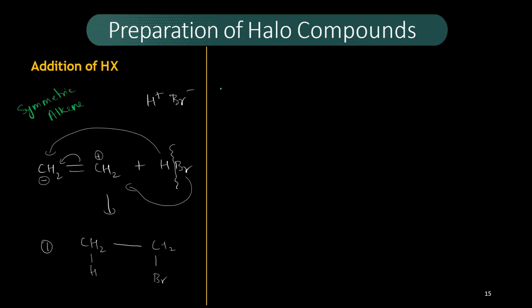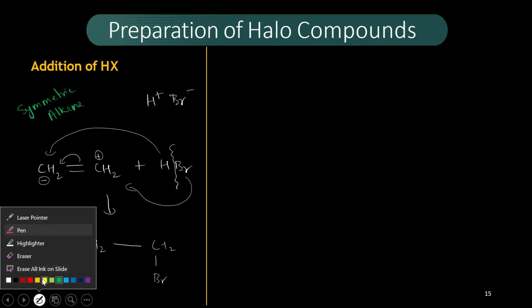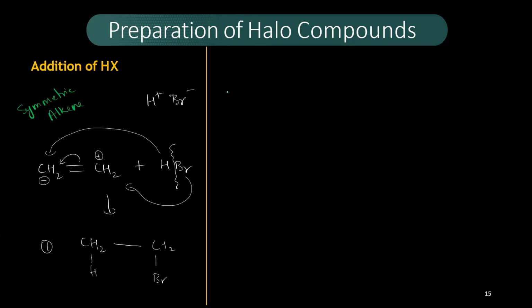Okay. So let's see the addition of HBr on an unsymmetric alkene. What happens here? The CH3-CH=CH2, when it reacts with HBr, can form two products.